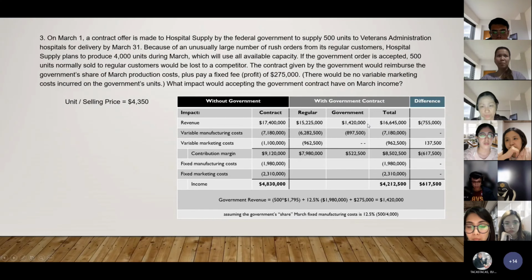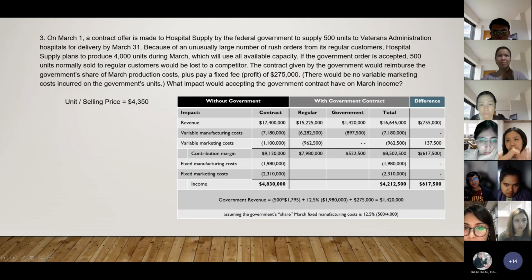So ang 500 naman na units mapupunta sa government, we're gonna have the revenue of 1,420,000. So ito yung computation para nakuha yung revenue ng government. So 500 units times 1,795, which is our variable manufacturing cost, plus 12.5%. So bakit 12.5%? Kasi yung 500 is 12.5% ng 4,000. So times our fixed cost, which is $1,980,000, plus 275,000, which is yung profit na sinabi dito.